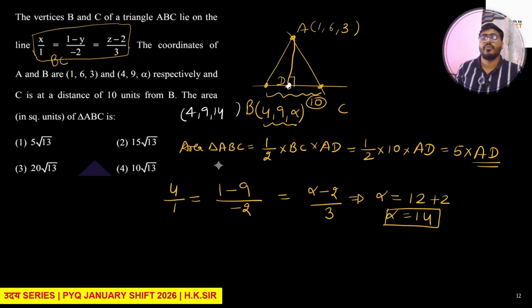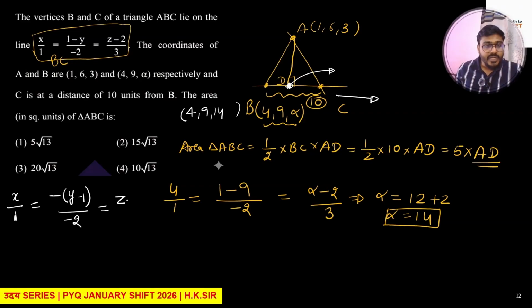So for that we have to find D. हमें D पॉइंट को निकालना पड़ेगा. इस D पॉइंट को कैसे निकालेंगे? पहले तो इस लाइन का डायरेक्शन वेक्टर, और इस लाइन के ऊपर मैं इस D को एक जनरल पॉइंट मान लेता हूँ. इसको मैं कर देता हूँ लैम्डा के बराबर. ये जो लाइन लिखी है x upon 1 equal to 1 minus y, तो minus common ले लो, y minus 1 divided by minus 2 equal to z minus 2 by 3, and this is equal to lambda.